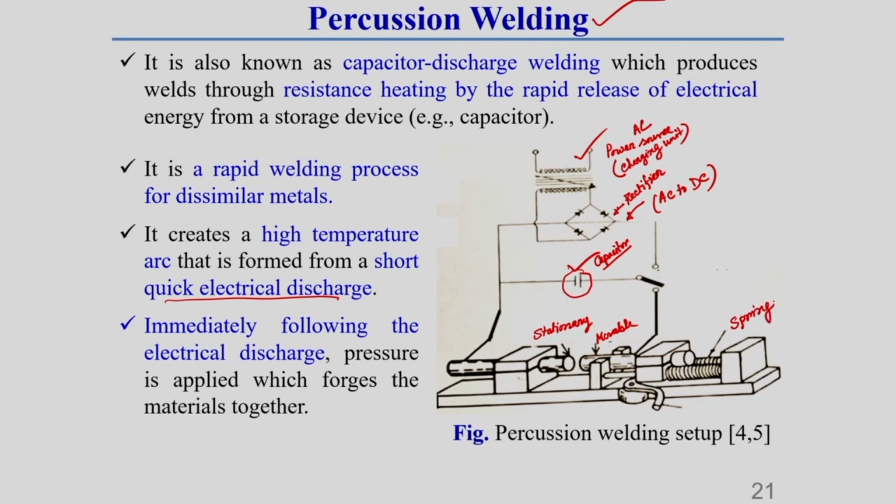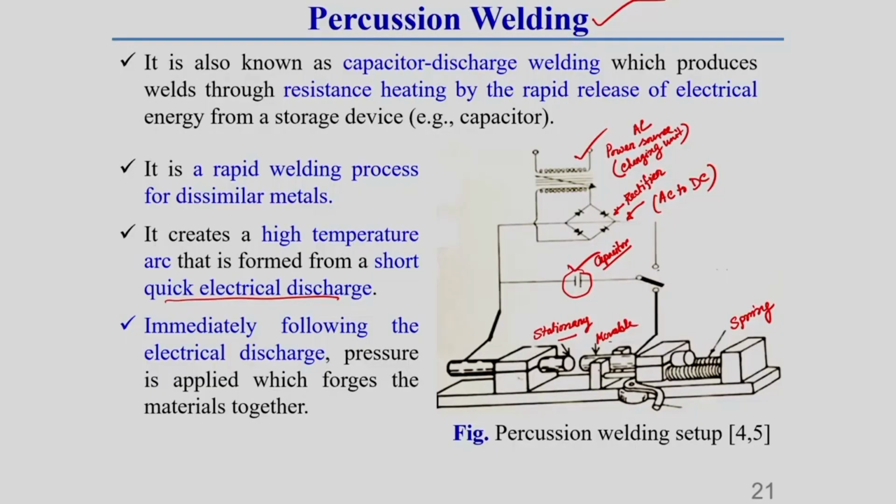It generally presses this movable workpiece and it makes contact with this stationary workpiece, and at that time generally an arc is generated. Due to this arc, the material becomes soft enough and welding is produced. For this spring to create pressure on the other workpiece, a trigger is used.